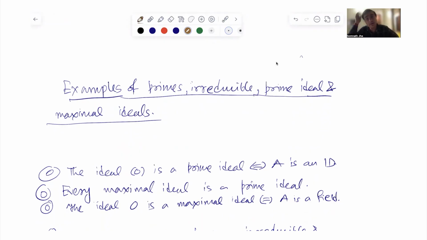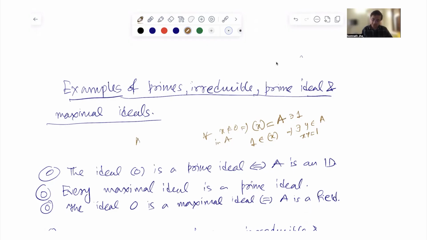Any non-zero element x you take, the principal ideal generated by x becomes the whole ring A. So one belongs to the ideal generated by x, which means there exists y in A such that x times y equals 1. So every non-zero element has an inverse, and the ring becomes a field.